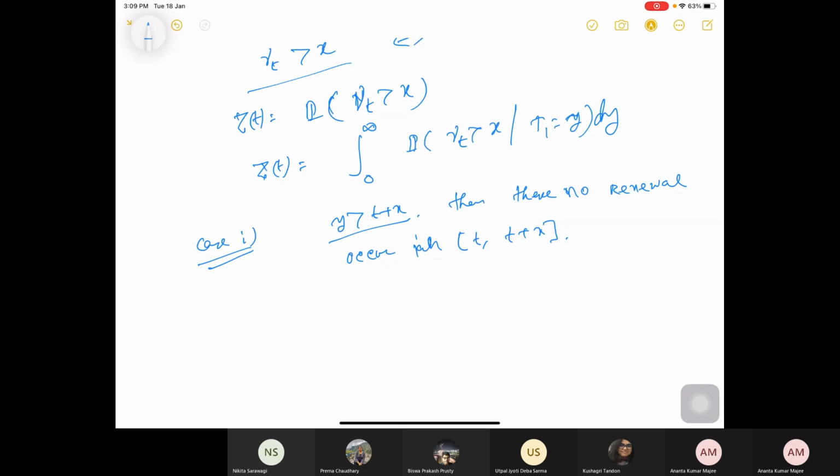So the probability of nu t greater than x given T1 equal to y is the same as the probability of no renewals in t to t plus x, is it not? Since nu t is greater than x, I know there are no renewals between t and t plus x.